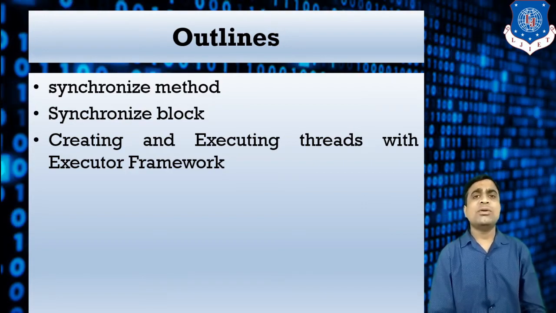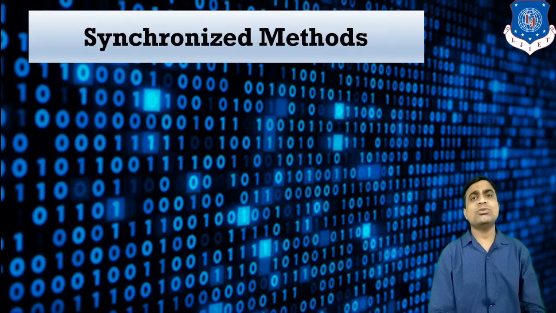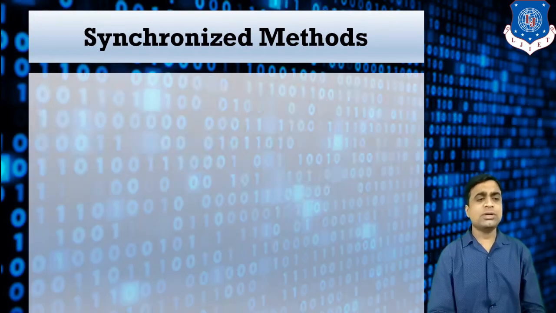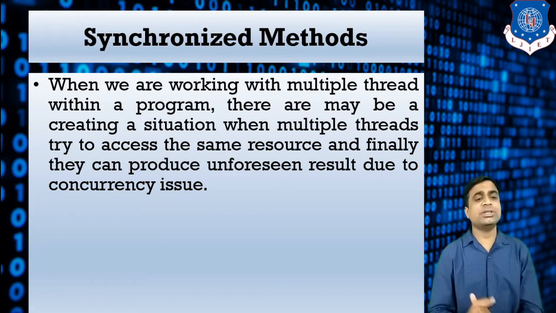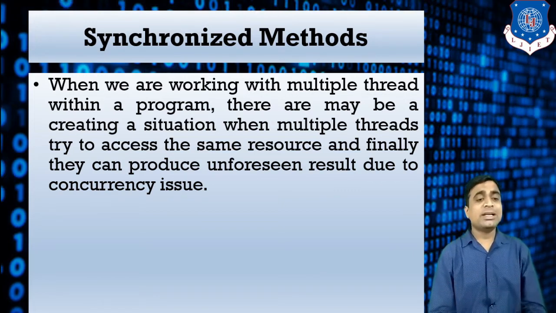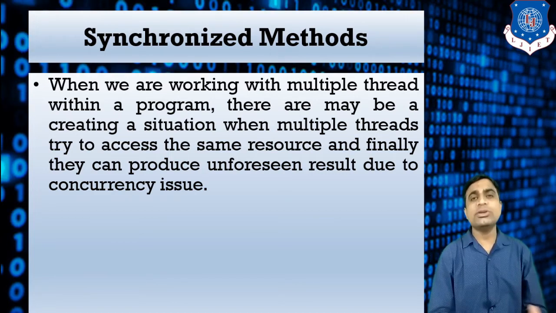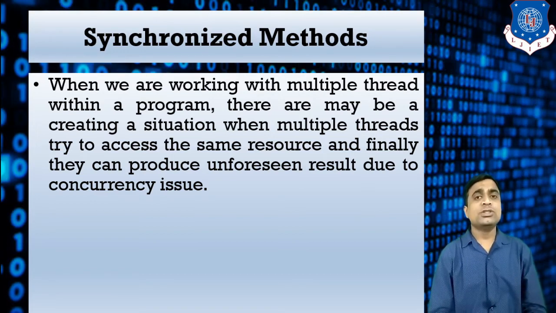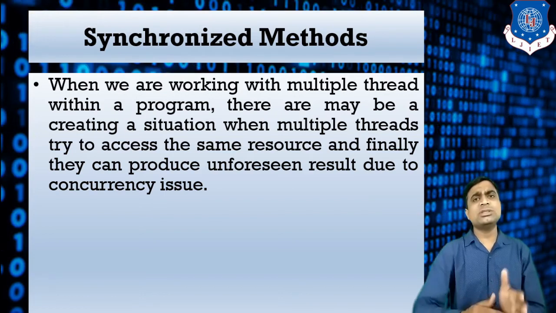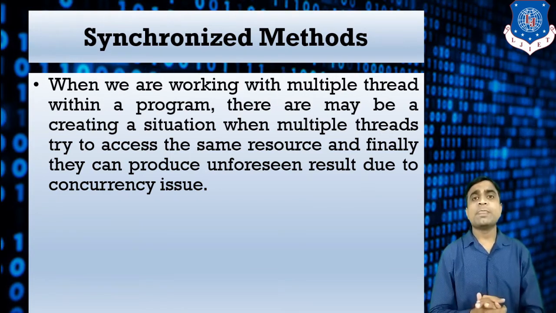So let's start. First of all, what do you mean by the synchronized method and what is the use of it? When we are working with multiple threads within a program, there may be a situation when multiple threads try to access the same resources and finally they can produce unforeseen results, or you can say wrong results, due to concurrency issues. Suppose thread 1's result will be used in thread 2, and thread 2's result will be used in thread 3.